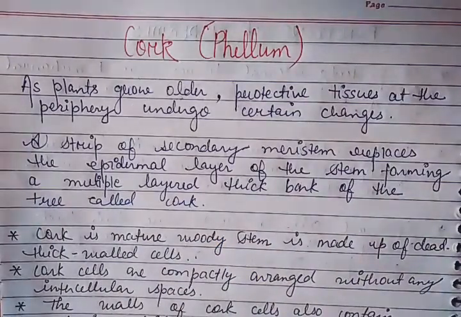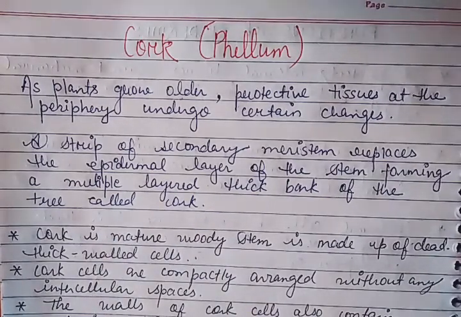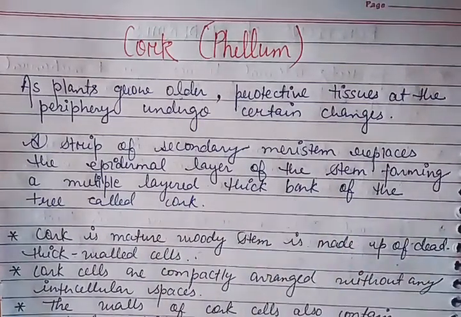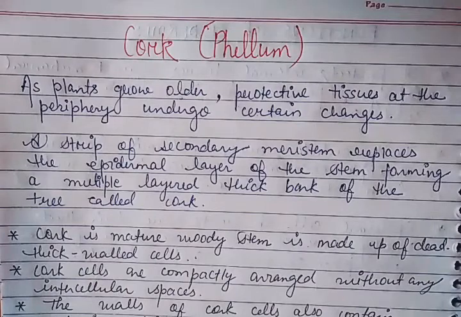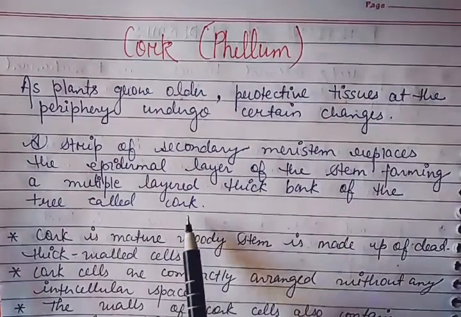As the plants grow and become older, the epidermis is replaced by a new layer of cells, and that layer of cells will be more than one, means they will be multiple layered, and it will be very thick. That thick and multi-layered outermost covering will be called cork.